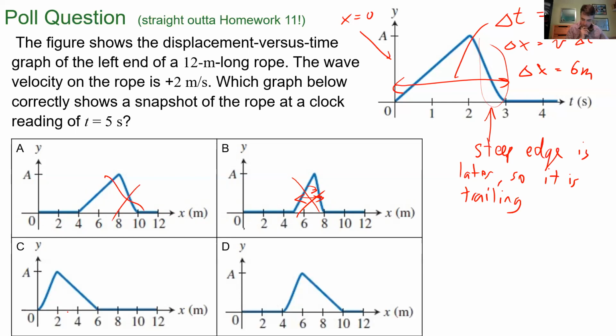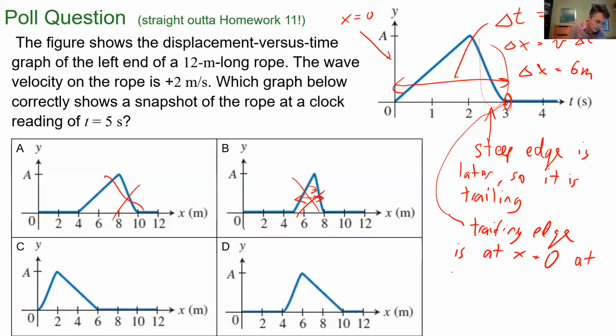So it's got to be either C or D. The back of the wave, the trailing edge, is at x equals 0 at 3 seconds, according to the history graph.